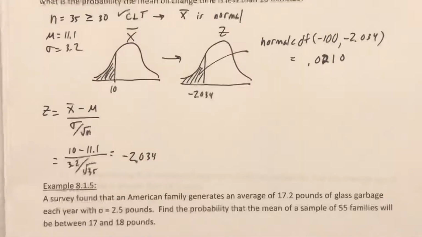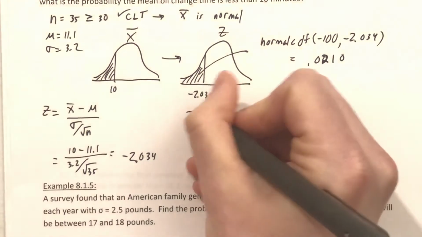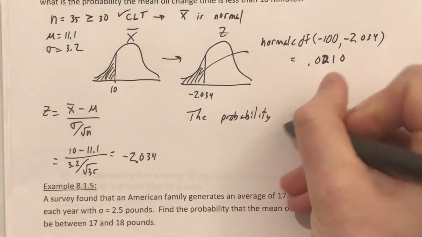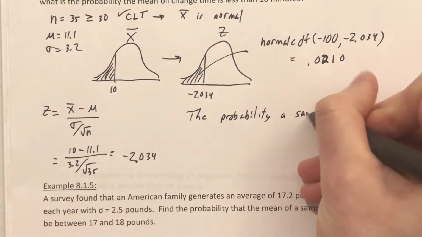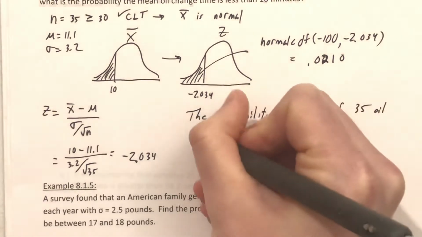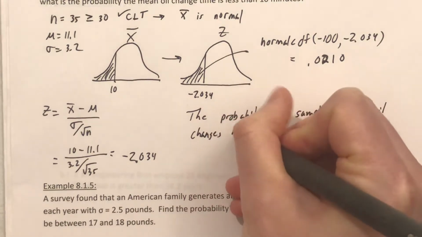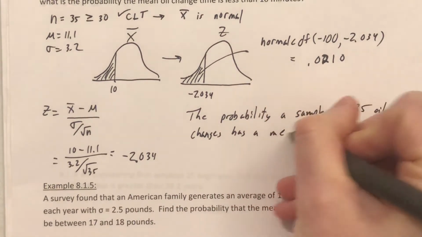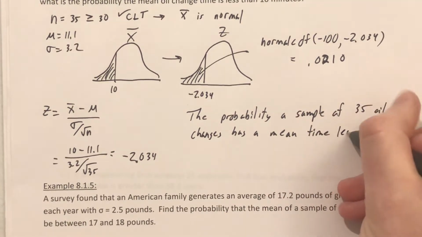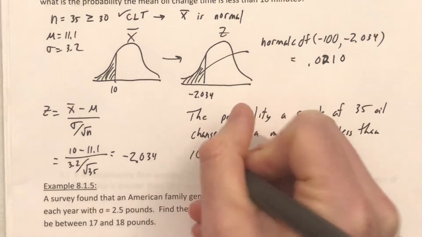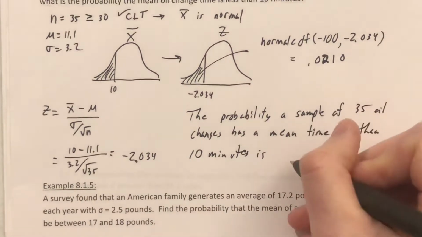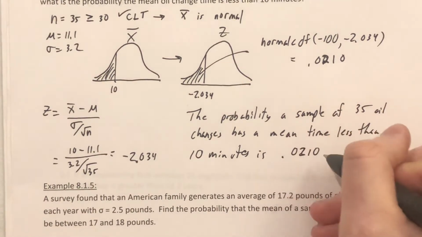And so, as a sentence, we would say the probability a sample of 35 oil changes has a mean time less than 10 minutes is 0.0210.